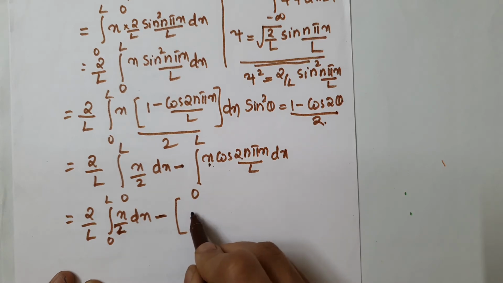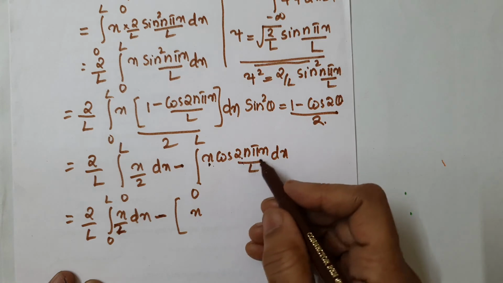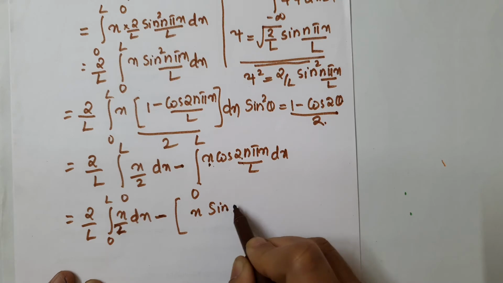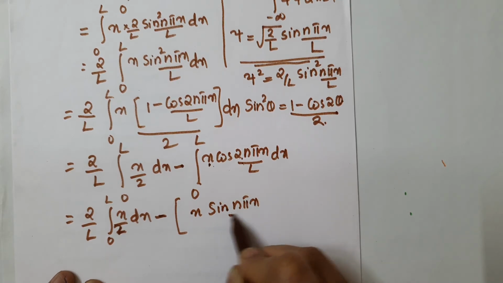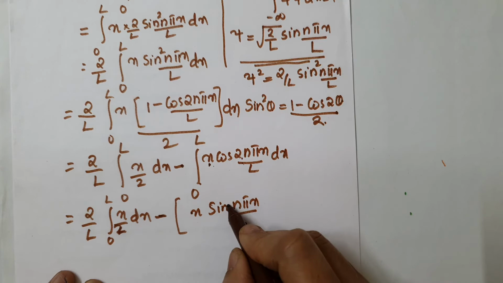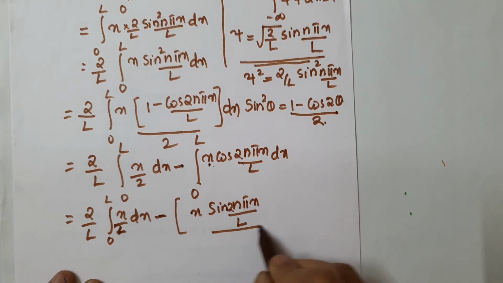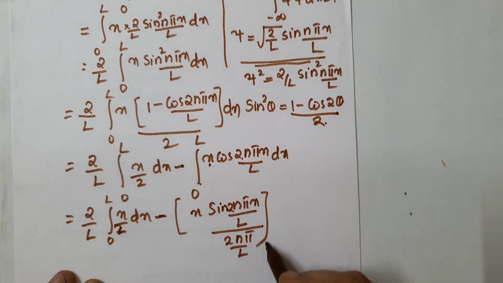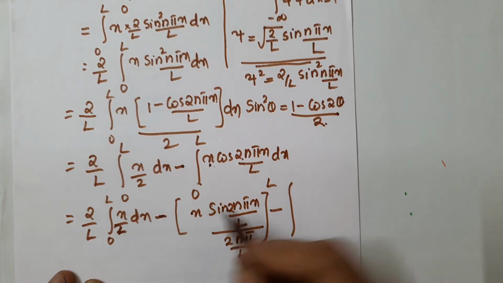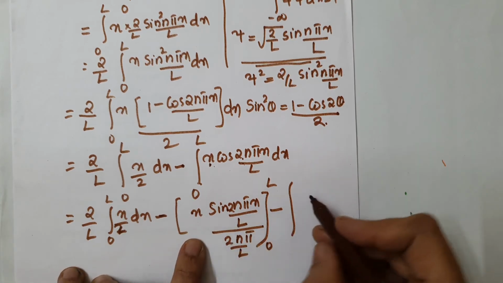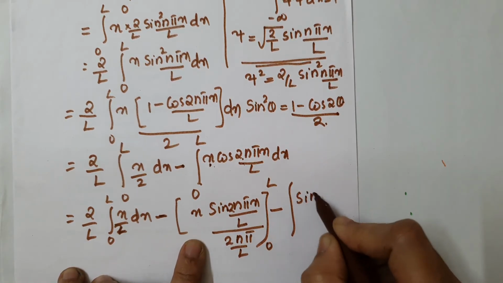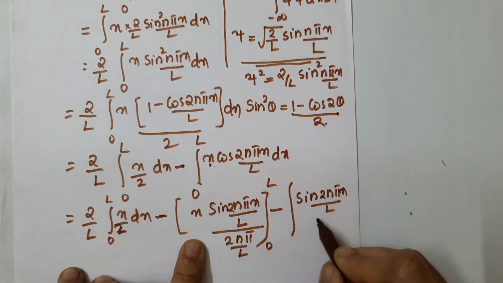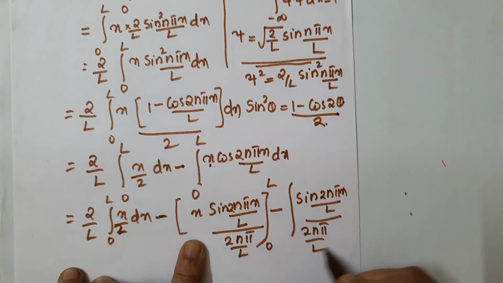First function into integral of the second, that is sin 2n pi x by L divided by 2n pi by L, minus integral of the derivative of first, which is 1, then integral of the second, sin 2n pi x by L divided by 2n pi by L, into dx.